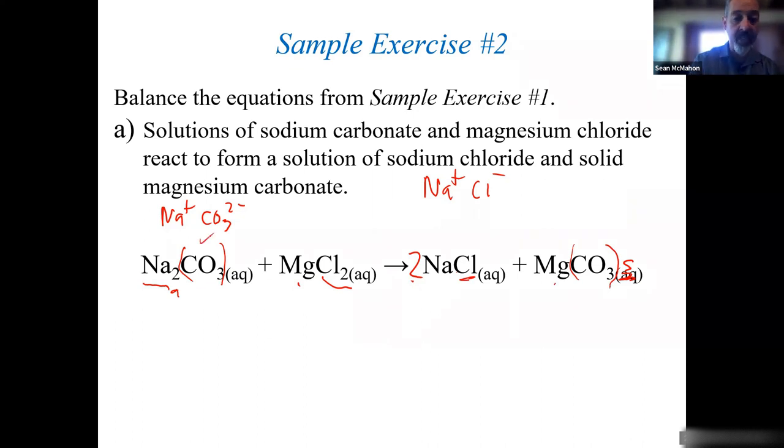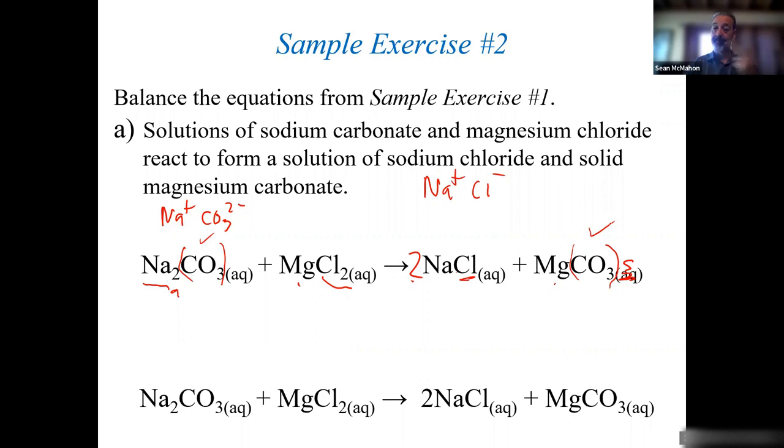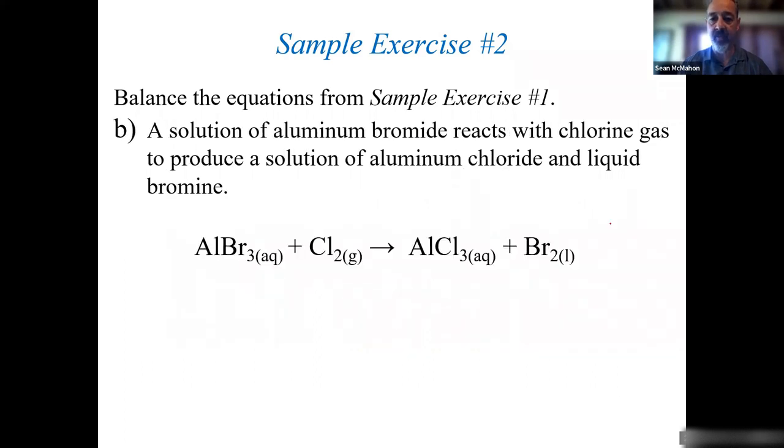I have 1 carbonate here, 1 carbonate here, I'm balanced. So those are the rules. Metals first, I went to sodium, then magnesium, then nonmetals, chlorine, and then I group the polyatomic anion, which is negatively charged, and balance that. Let's try it in the other one.